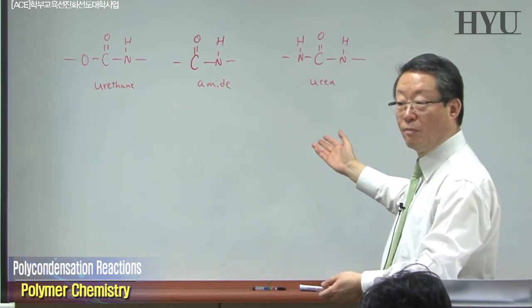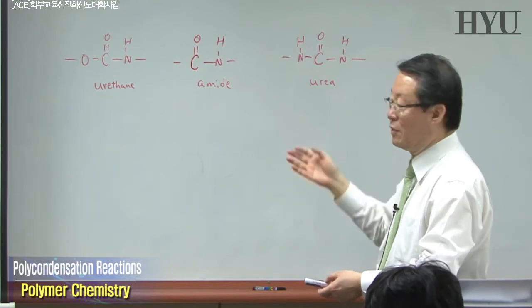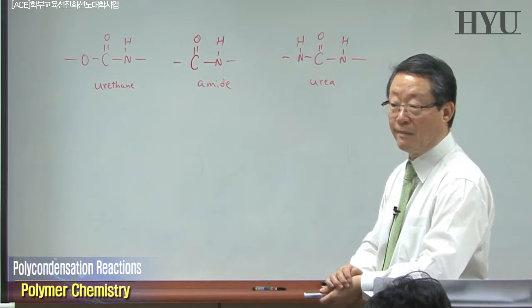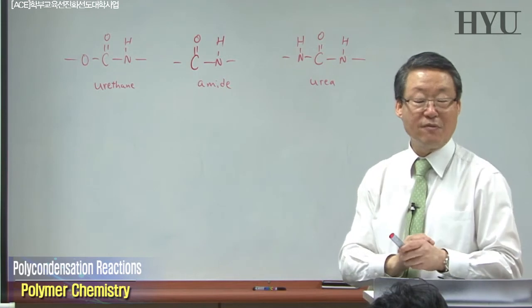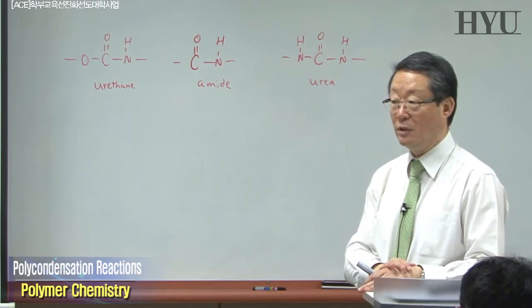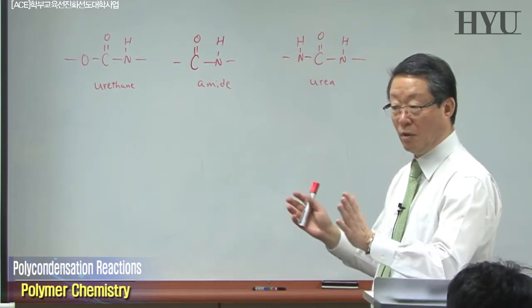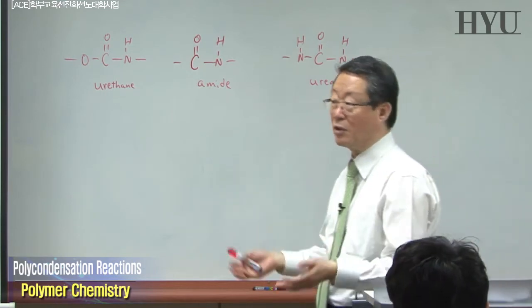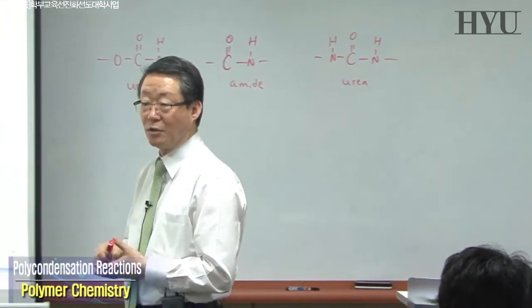Okay? And polyurea, polyamide, polyurethane are just general names. That doesn't specify the type of monomer in your polymers. So this is just a general name containing the functional groups.